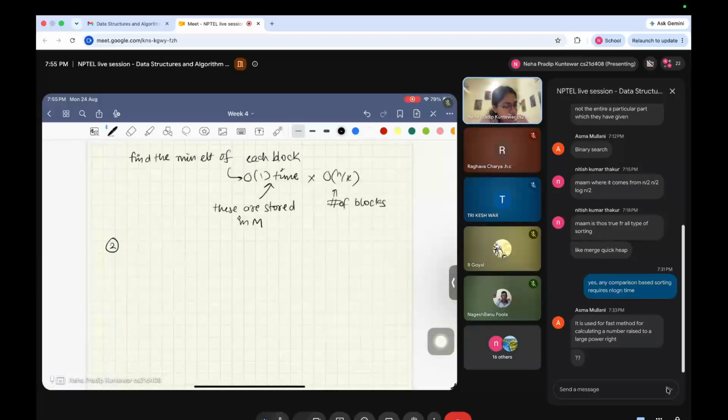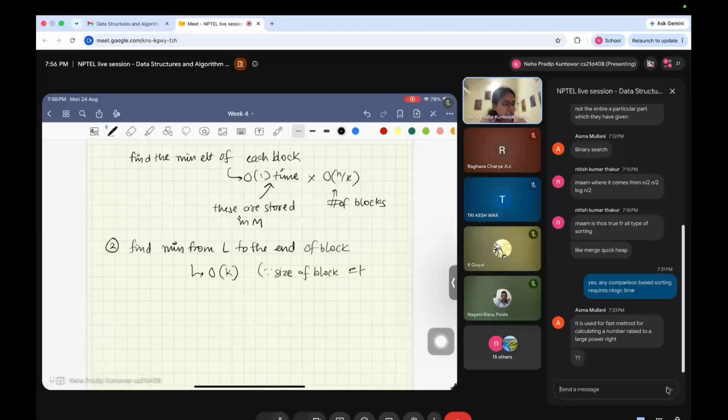So step 2 is find the minimum from L to the end of the block. This will take you order k time because the size of the block itself is k.